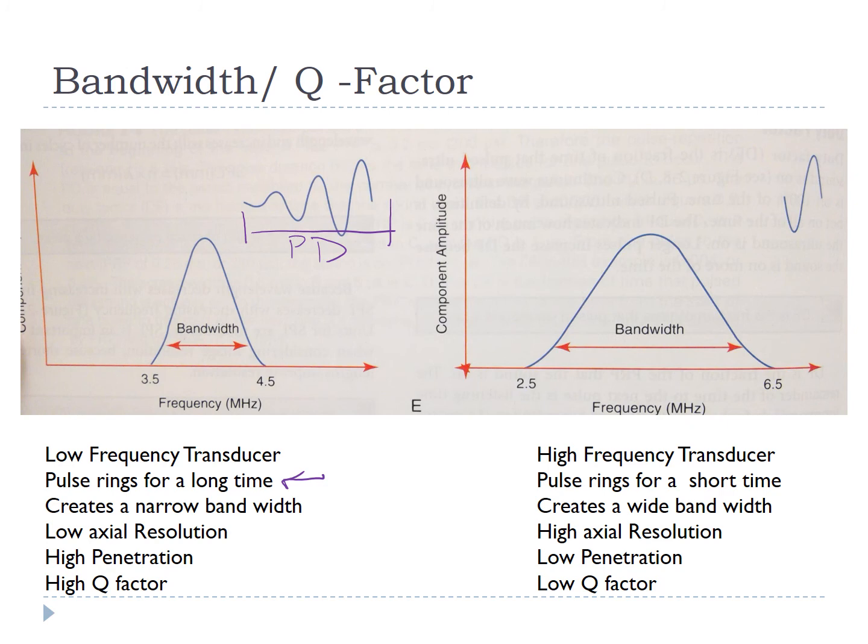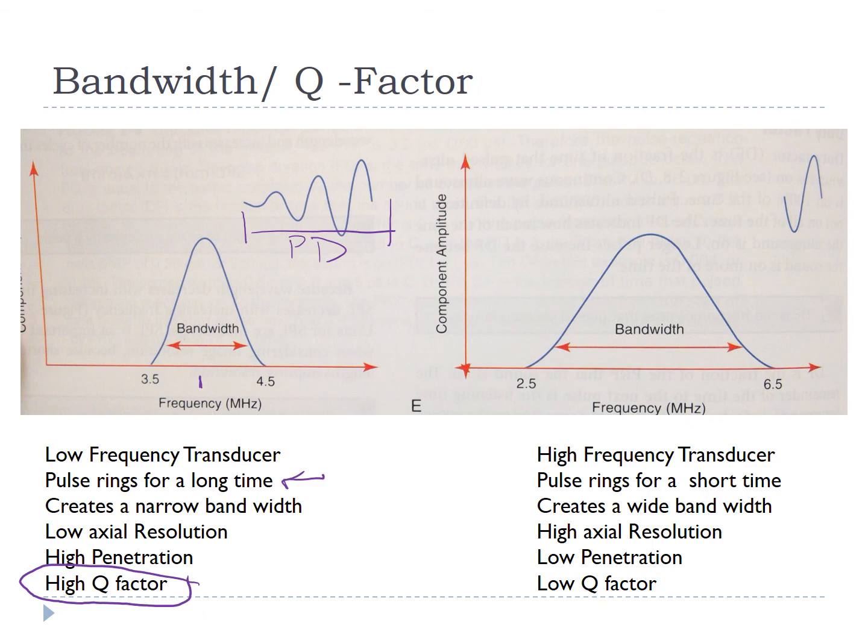This one has a range from 3.5 to 4.5, so our bandwidth is 1. Low frequency transducers also have low axial resolution. They're better at penetrating. So low axial resolution, high penetration capabilities, and all of this put together means that low frequency transducers have a high Q factor.